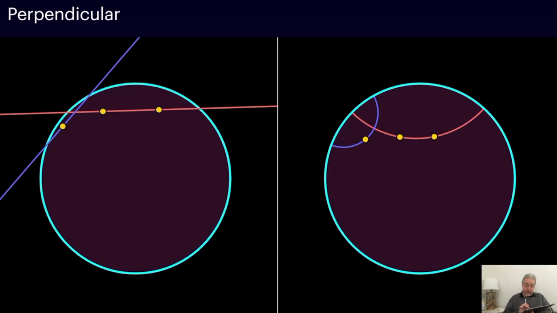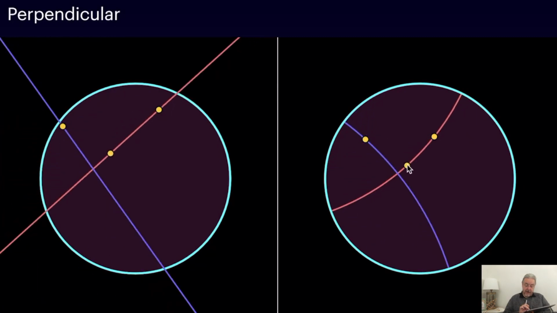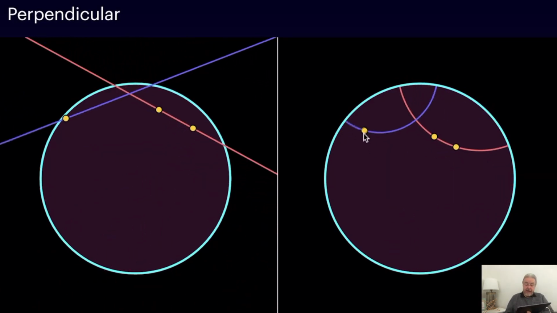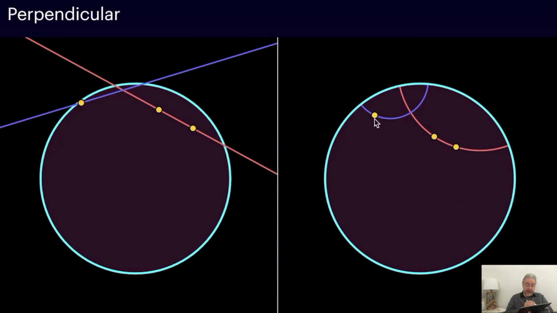So let me again move around a little so that you see really this reflects the situation nicely. So even in extreme situation, when this angle here does no longer look like a right angle, you clearly see, well, it is a right angle because these two arcs here intersect in a right angle.